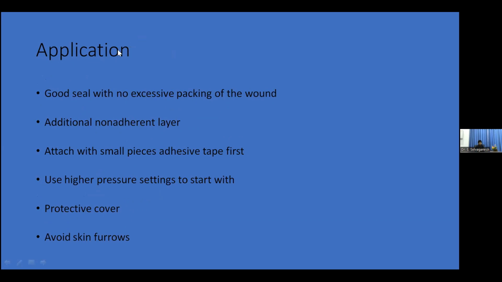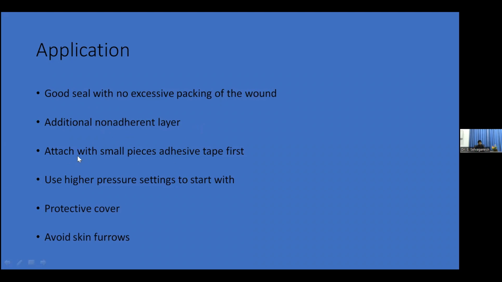During application, you should have a good seal, with no excessive packing of the wound and an additional non-adherent layer. If you have a small leak, the leak alarm will be working, and sometimes you may have to use more and more stickers to get the additional seal.